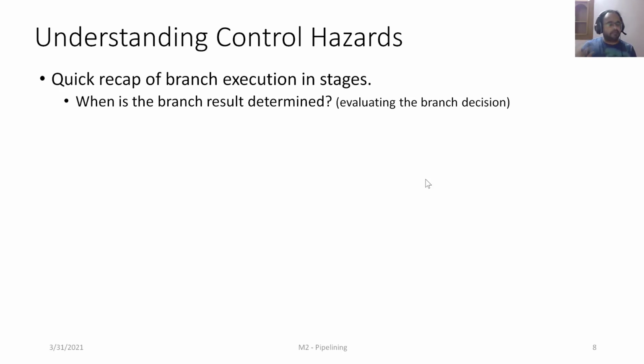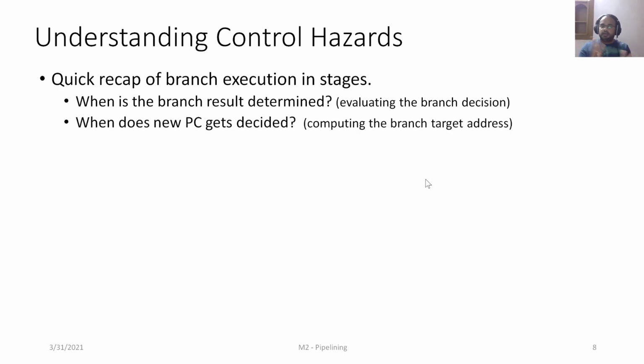This would typically happen in the execute stage. Let's say we give BEQ x1, x2 and some label L1, right? The values in x1 and x2 will be supplied to the execute stage and they will be compared, and based on that comparison we need to decide whether to go to L1 or whether to continue with the next instruction, right? So that is the answer to the first question.